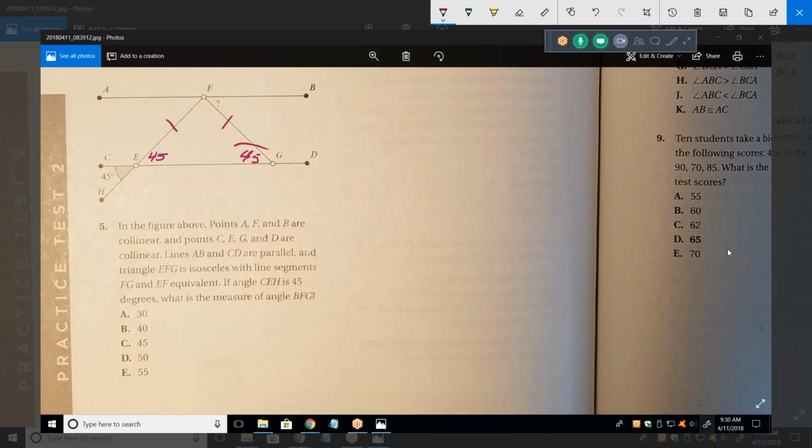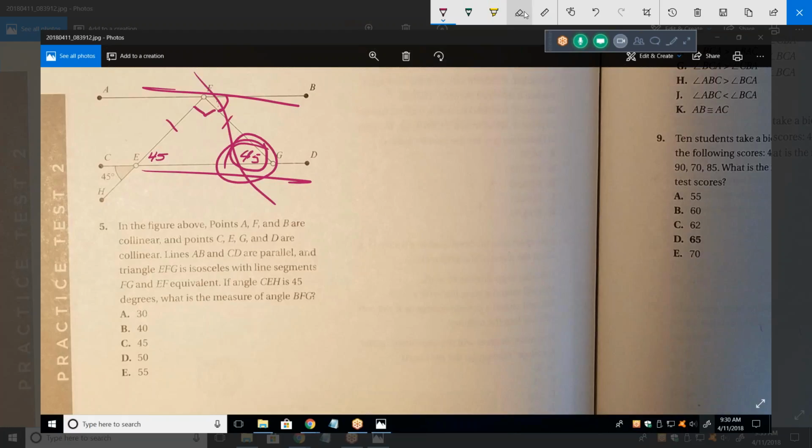But once I figured out that's 45, what's that? 45. Has to be, because of the parallel lines and the transversal. So as soon as I got to this step, I'm kind of done. I don't really need to go up and figure out that that's a 90-degree angle. That's just extra information that I don't really need.